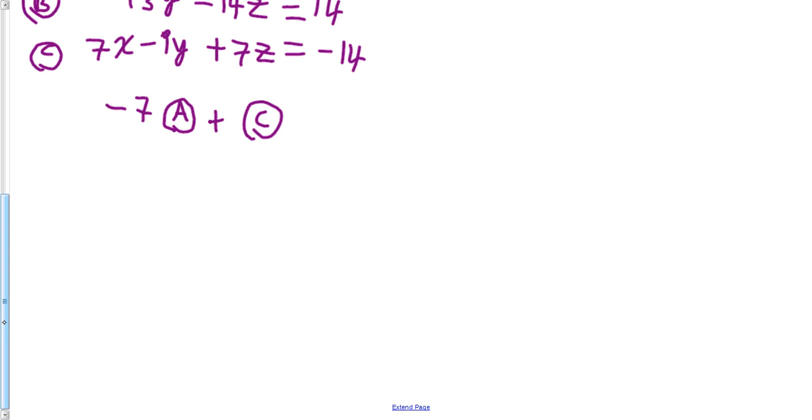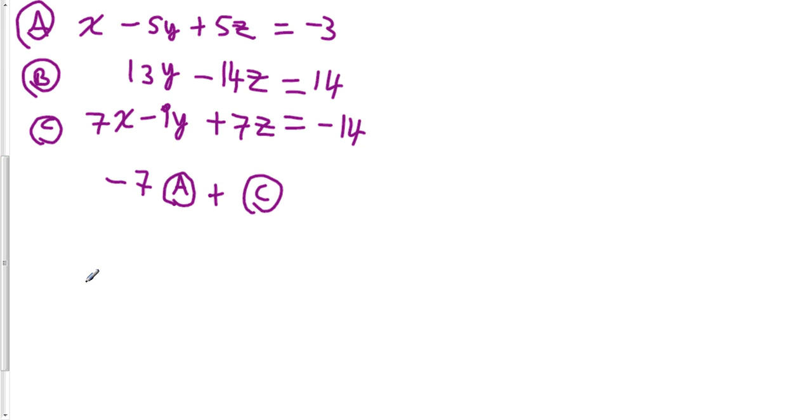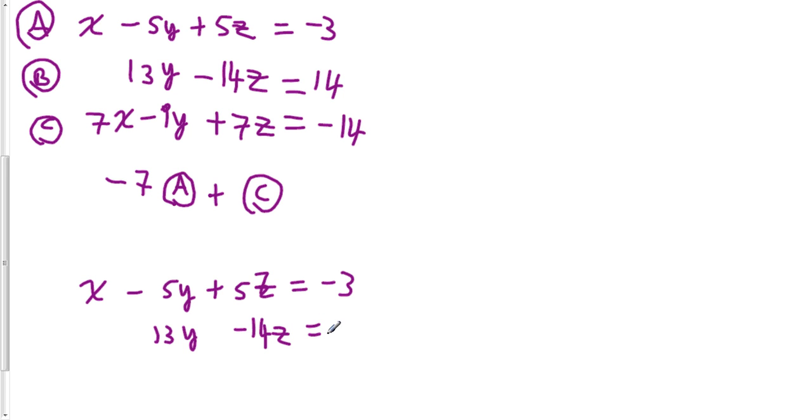Well, equations A and B are going to stay the same, so I'll have x minus 5y plus 5z equaling negative 3. I'll have 13y minus 14z equaling 14. And I'm going to take equation A, multiply it by negative 7, and add it to equation C, and replace equation C with that result.